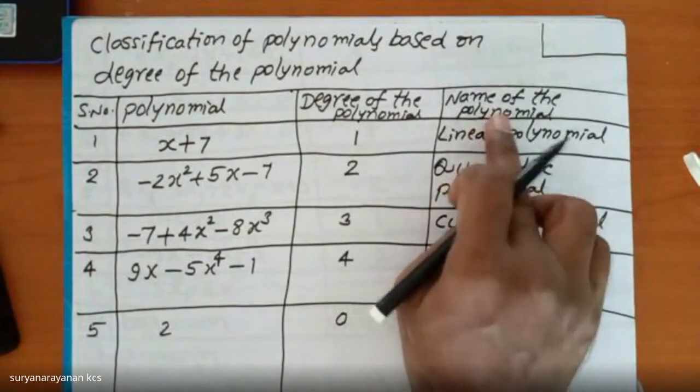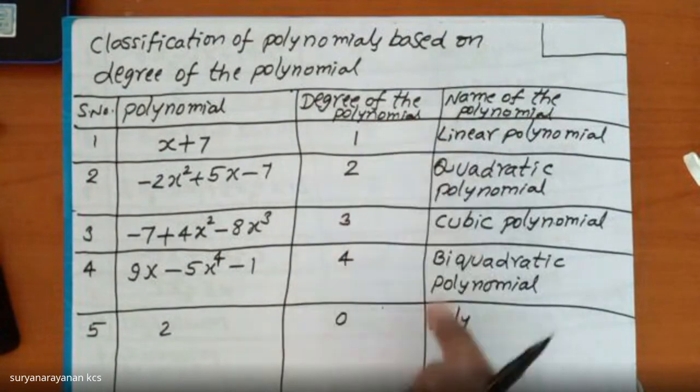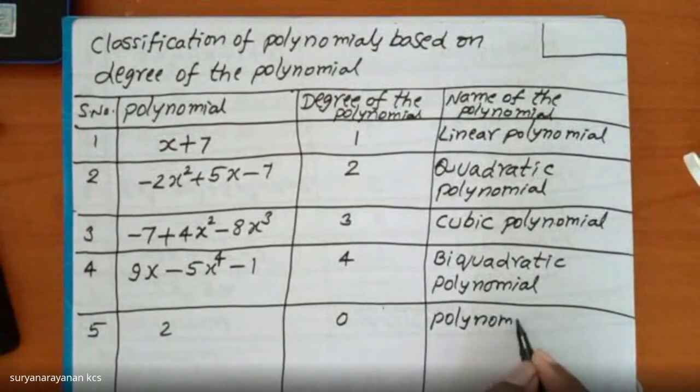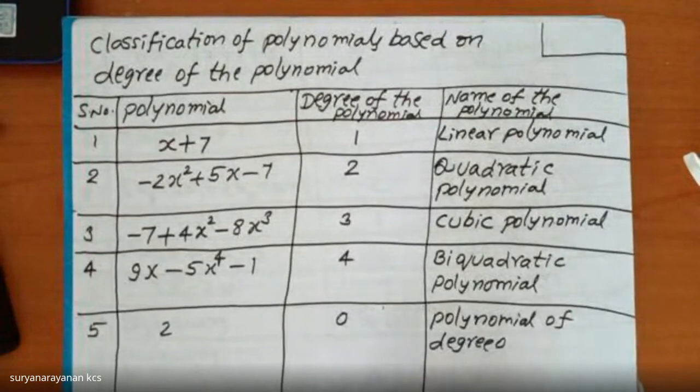Or we are naming this polynomial based on its degree. So it is a polynomial of degree 0. Zero polynomial means zero only. This is a constant polynomial, not a zero polynomial.